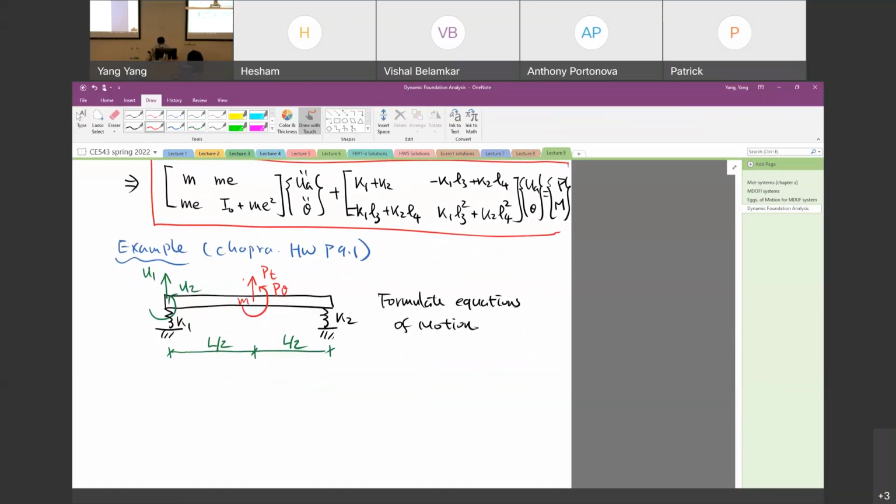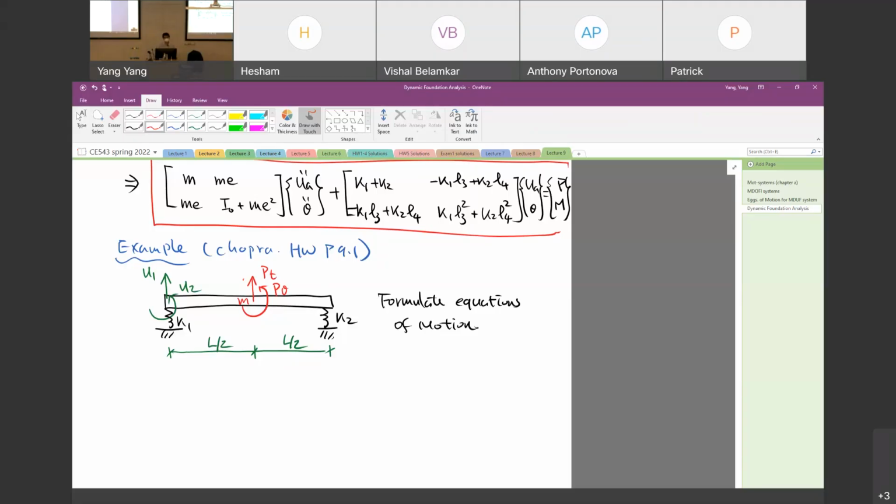So based on Elizabeth's description, I will just show the problem figure. We have a rigid beam supported by two springs on its ends with spring constants K1 and K2. There is a force and a moment at the middle span, P_t and P_theta. One is a concentrated force, the other one is a moment.